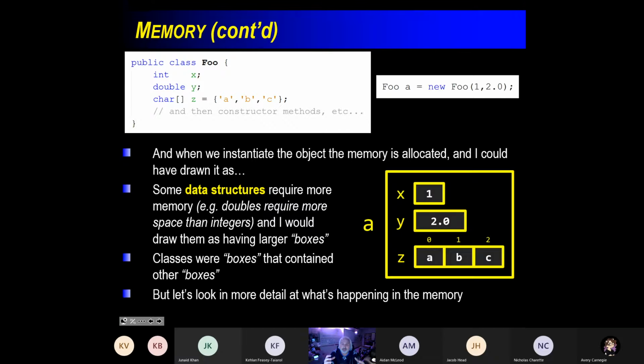It's a data structure that if you look at this class Foo, it has an integer, a double, and a character array, that when I make a new Foo object called A, it is a collection of the integer, the double, and the character array all grouped together into a structure, okay? So you have to kind of visualize the memory in different ways.